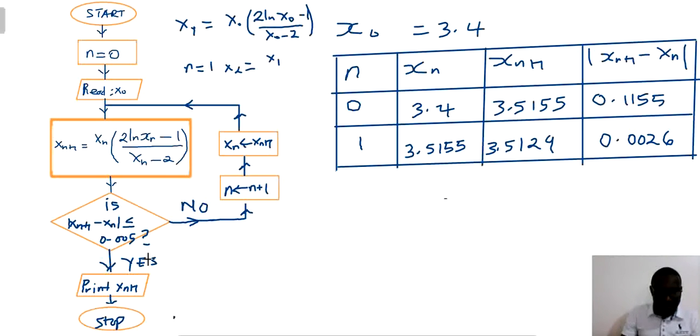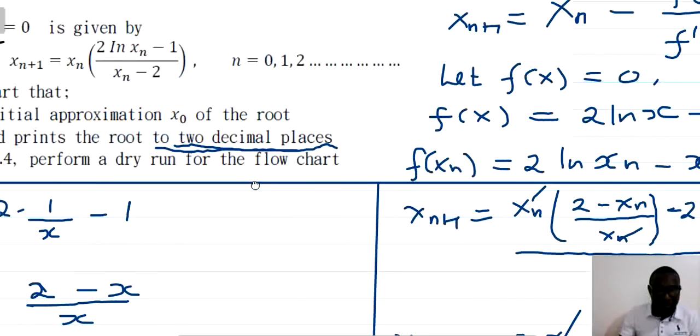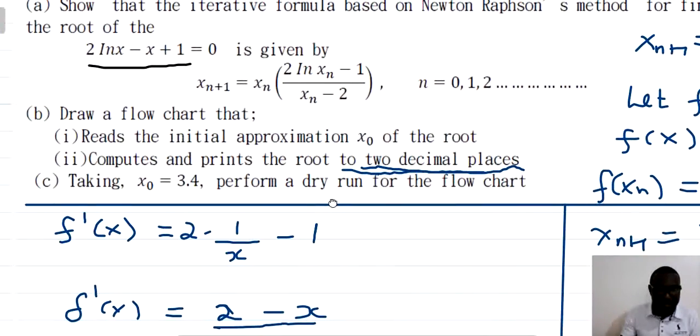So having discovered that this error is less than the maximum possible error, the question tells us to print xn plus 1. So what is it? 3.5129. And then we stop. But let's check the purpose of our question. So our question is right here.